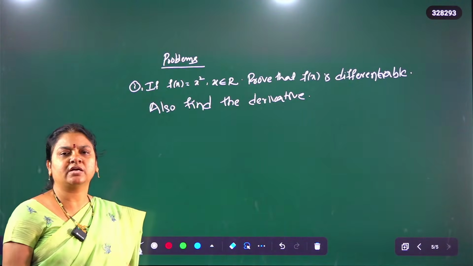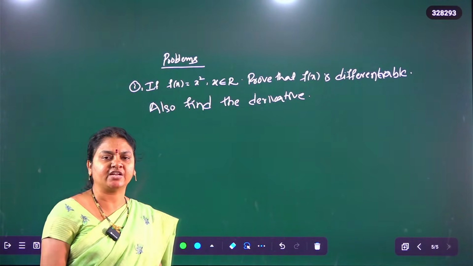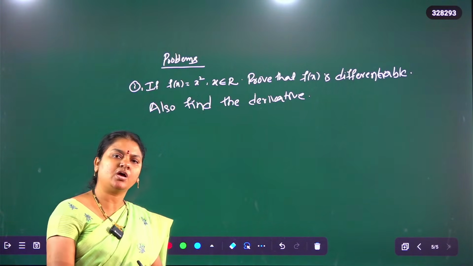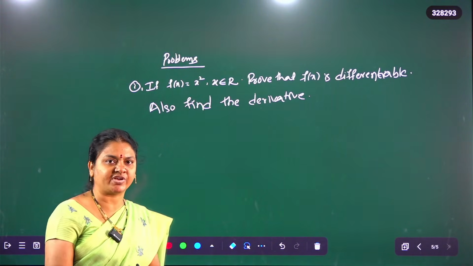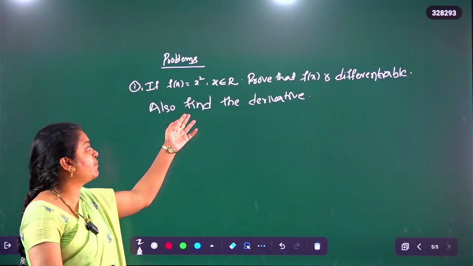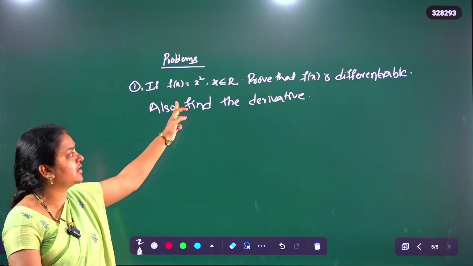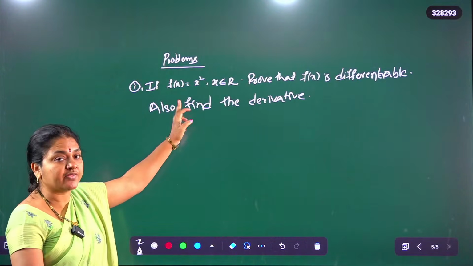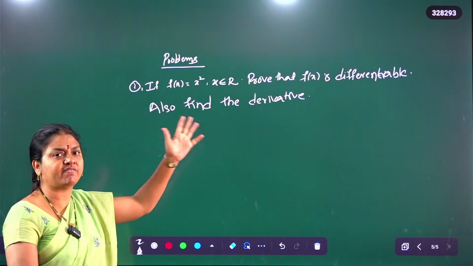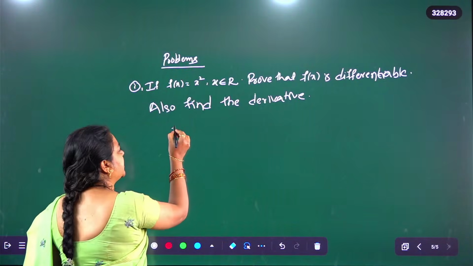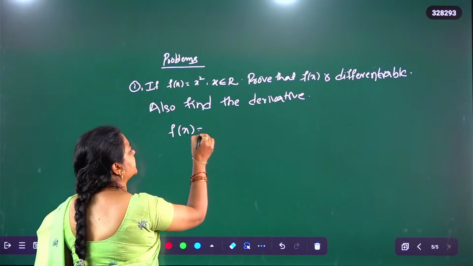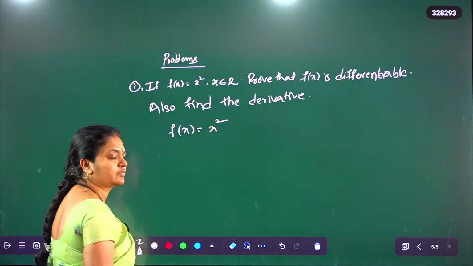Just now we learned the concept of derivative. Derivative is limit h tends to 0, f of x plus h minus f of x by h, right? So by using the first principle, we will find the derivative. First we will check whether it is differentiable or not, then automatically we will find f dash x. Now, what is our function? f of x is equal to x square.